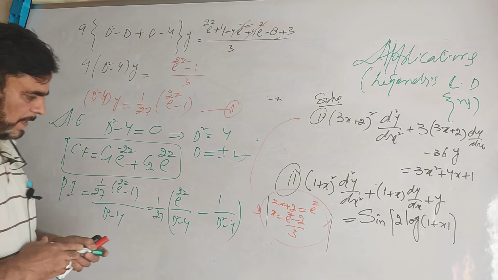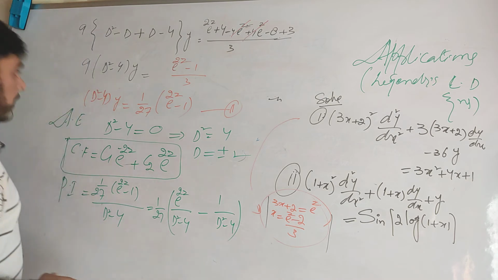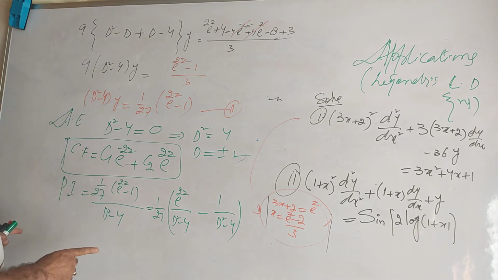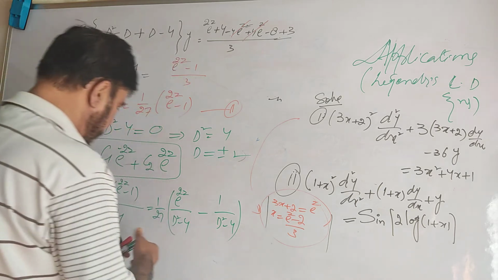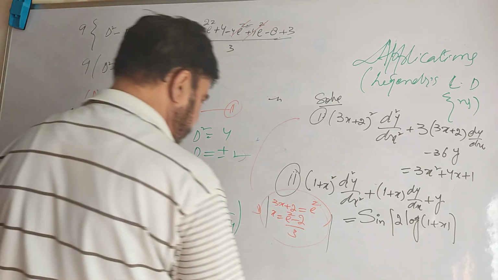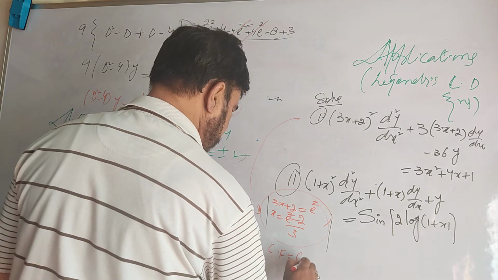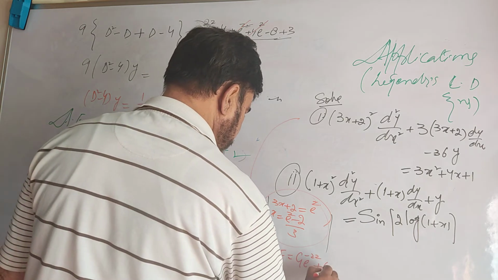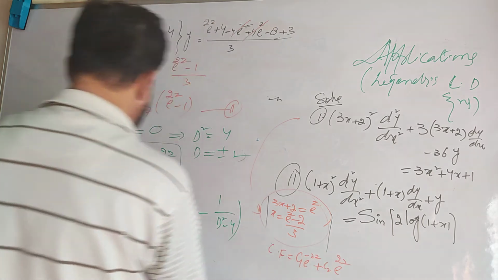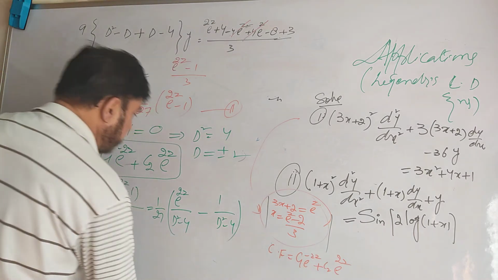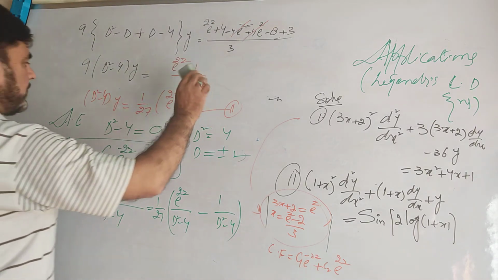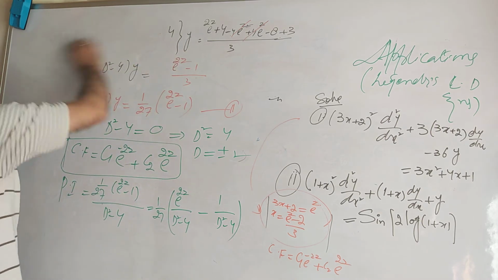Do you follow? I need the complementary function, I will write it for the time being. The complementary function for this question is C1 e raised power minus 2z plus C2 e raised power 2z. Other than this, I don't require anything. This is the differential equation. I have to solve this now.